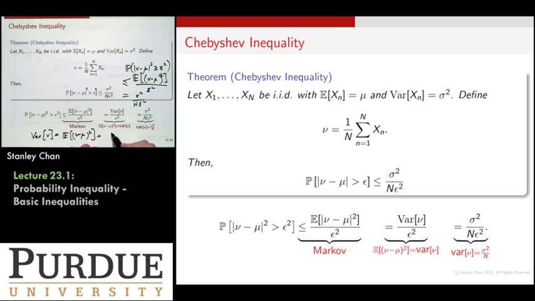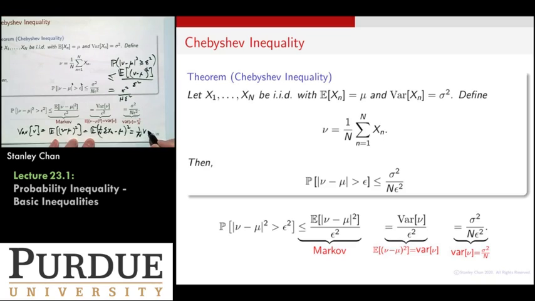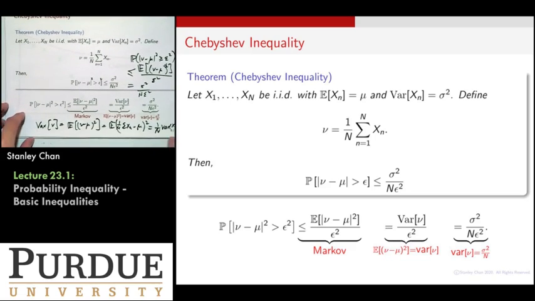And so this nu is 1 over n summation of xn minus mu. So you have a square term here, right? And then the 1 over n has to come out like this. Then you have the variance of xn. Okay, so therefore you have sigma squared divided by n that comes out from this equation. Okay, so this is the Chebyshev inequality.